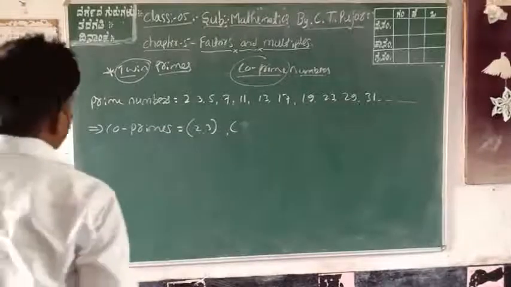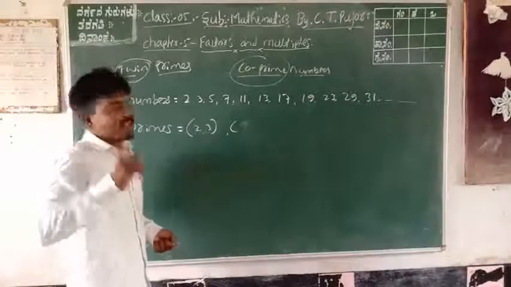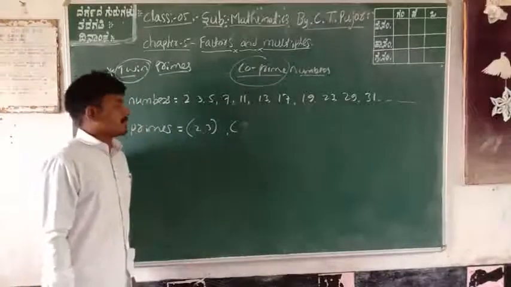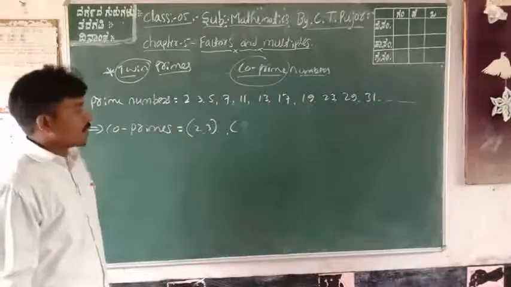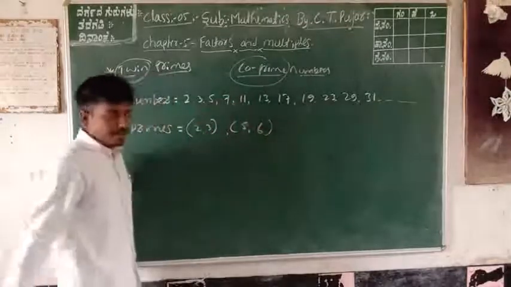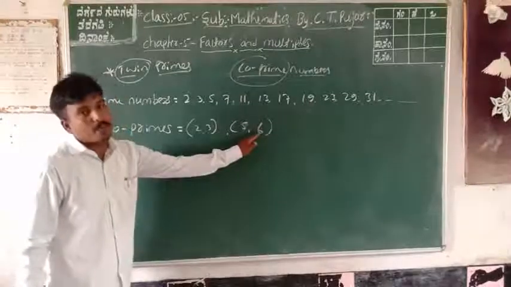Co-primes are 2 numbers that have only one common factor, and they are not necessarily prime numbers. For example, 2 and 3 is a co-prime pair, and 5 and 6 is also co-prime, though 6 is not a prime number.